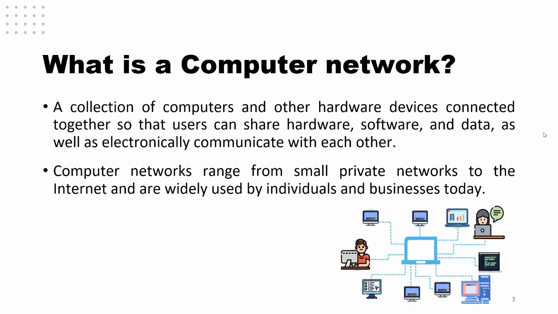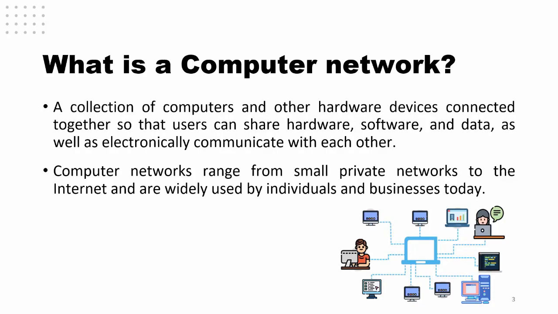Then let's start with what is a computer network. So what do you mean by a computer network? A computer network is a collection of computers and all the other hardware devices, like printers, that are connected together so that all the users can share these resources. Resources could be hardware, software, and also data, which you can easily share with one another and work together.